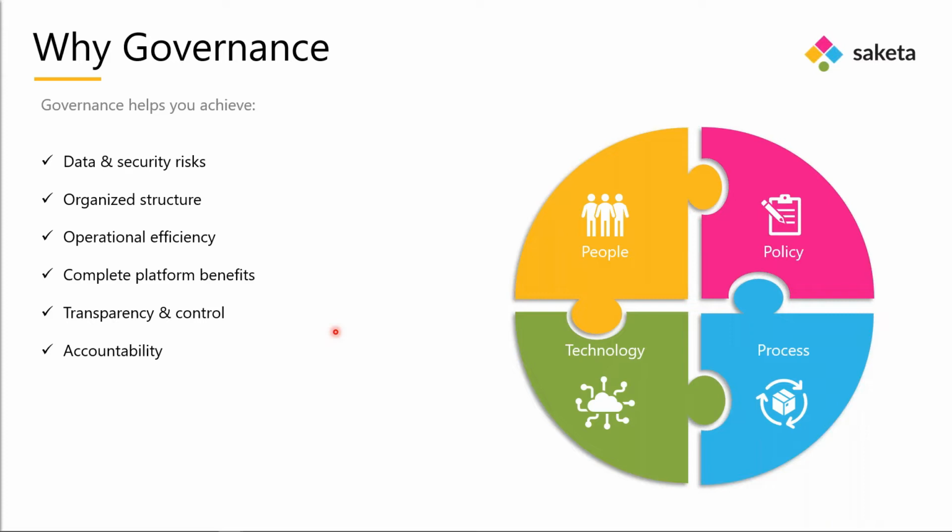We can simply track and regulate, because if anything happens, our administrator can easily track and fix it using auditing and compliance features. If we follow all those things, it will improve accountability among our employees.